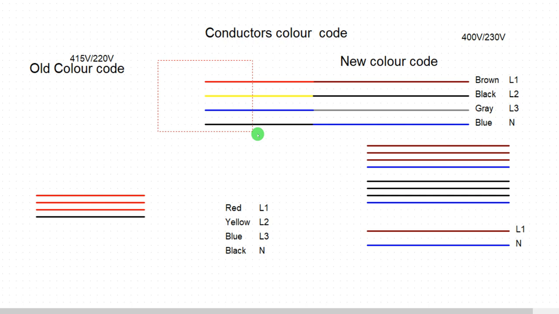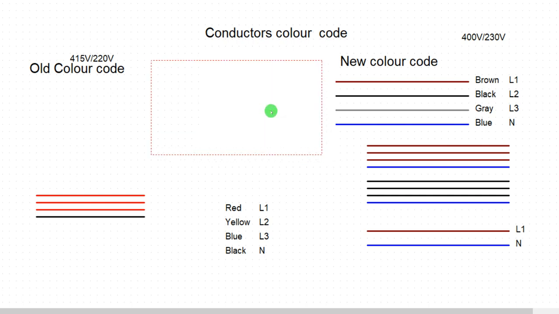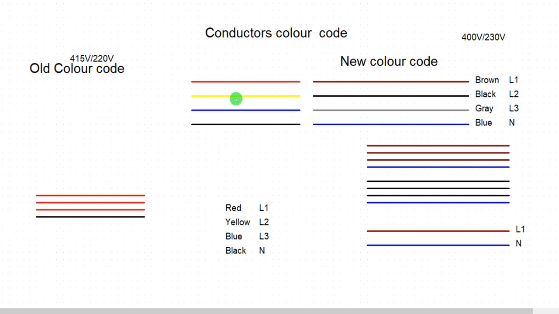This is your old color code that has been working, and you want to carry out a new installation, and you have new color code that you purchased. You want to link them together.